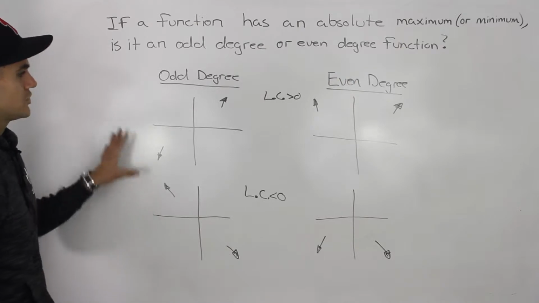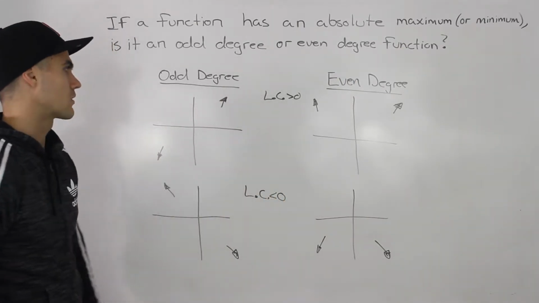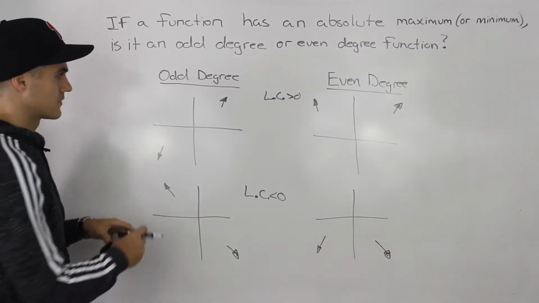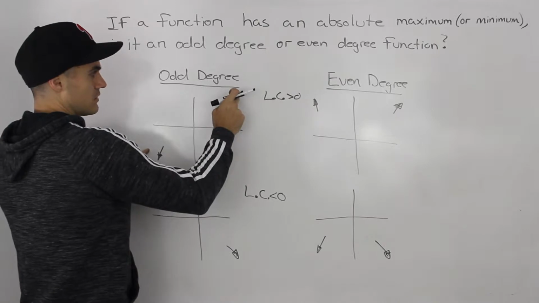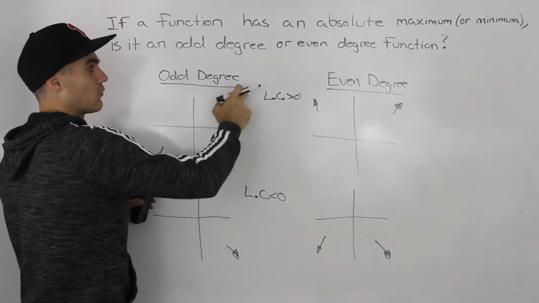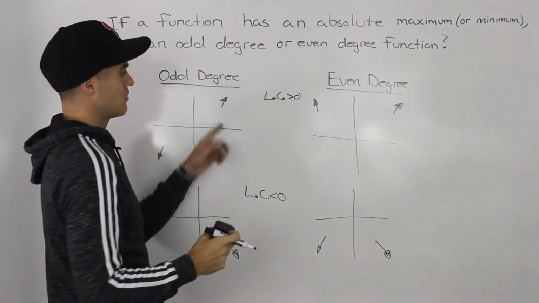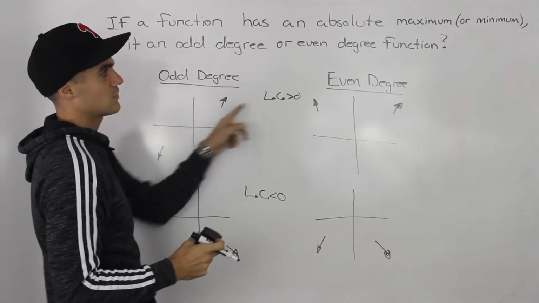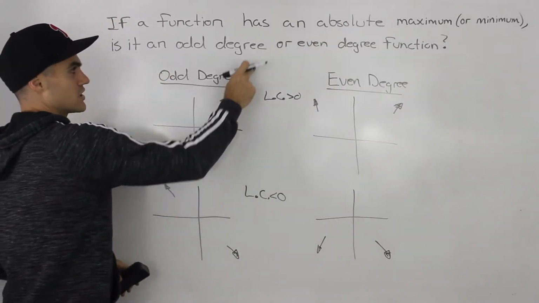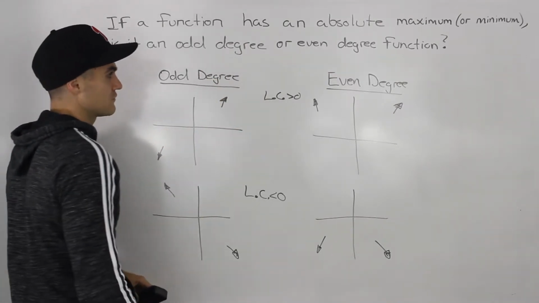Okay, so which of these scenarios here can have an absolute maximum or minimum? Well, if you notice in this first scenario, as x goes to infinity, the y values are going to go to infinity as well. So this scenario is never going to have an absolute maximum, because the function is going to keep increasing as x goes towards positive infinity.